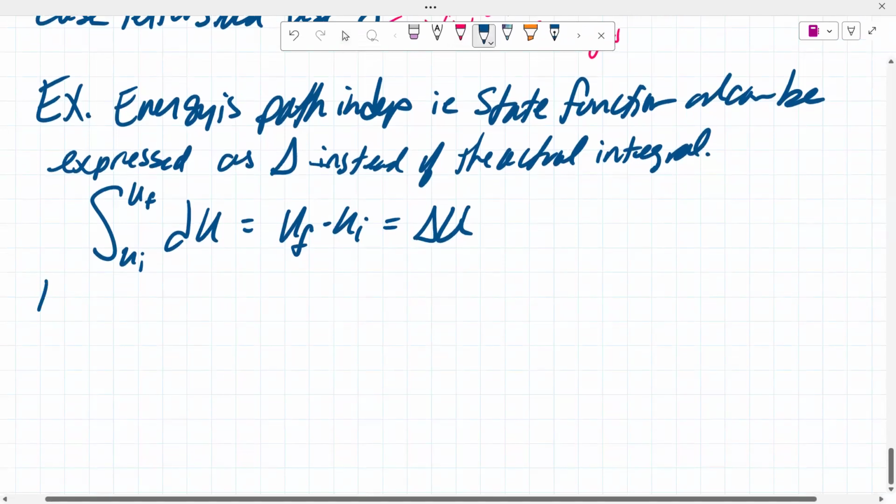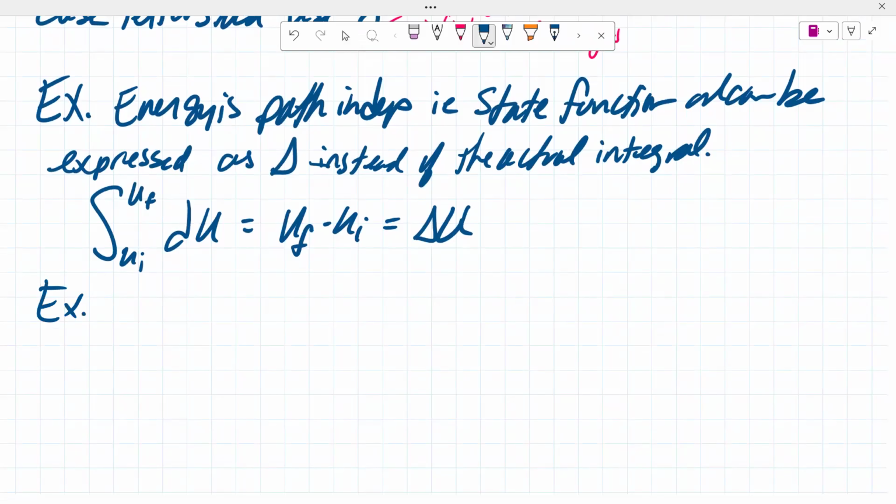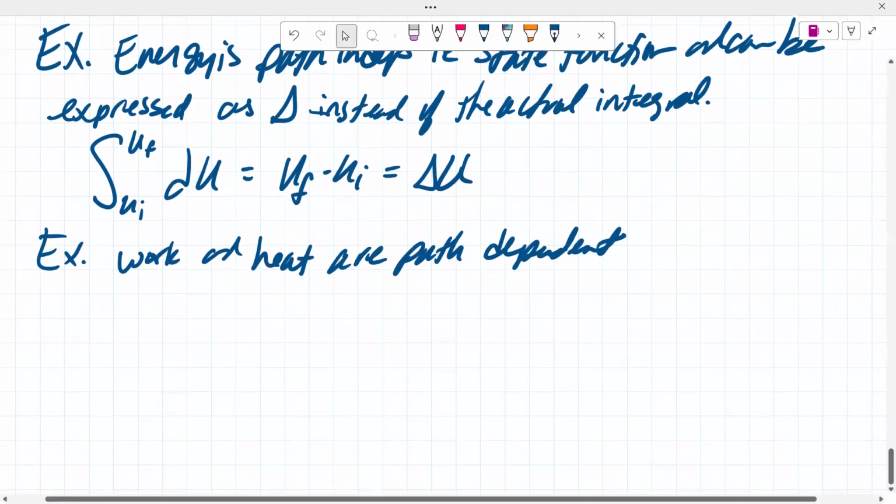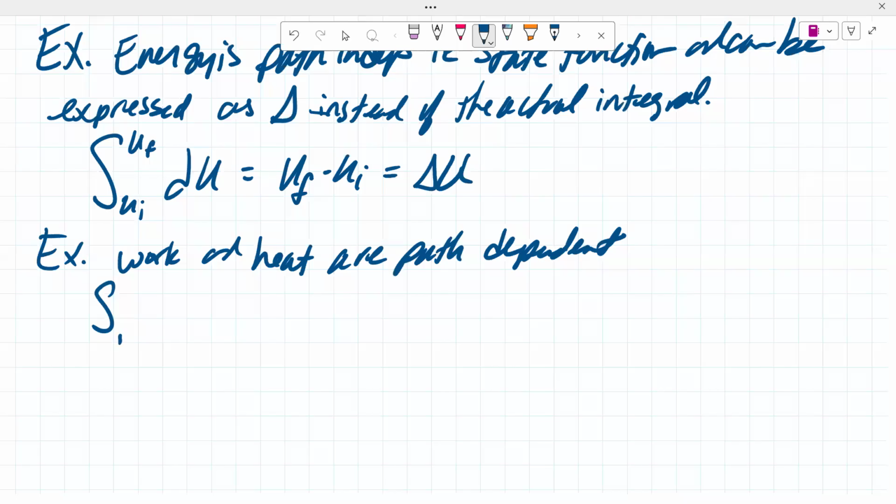Another example, work, which has a little w, and heat are path dependent. So, for example, we just saw work expressed as an integral above. So this means you might go from some state 1 to 2, dw equals work.